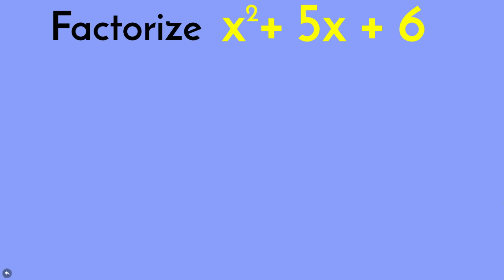Let's do another one. Factorize x squared plus 5x plus 6. Let's use the same steps as in the previous example. First, break the term which has the square variable. Here we have x squared. Second, break the constant. Here we have 6. x squared is x times x, and 6 is equal to 1 times 6.